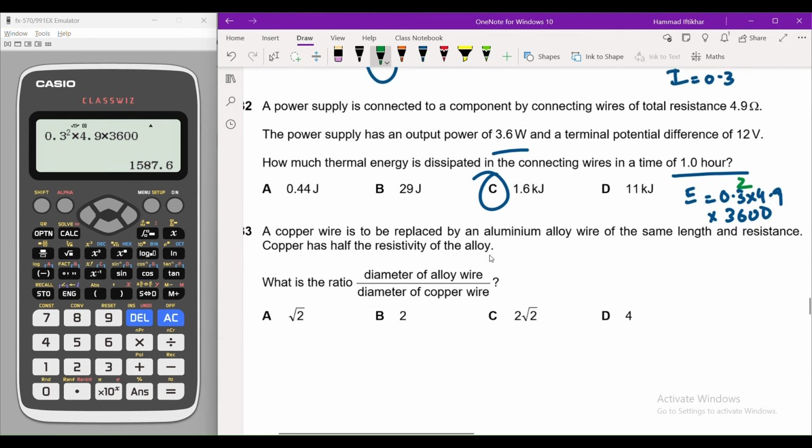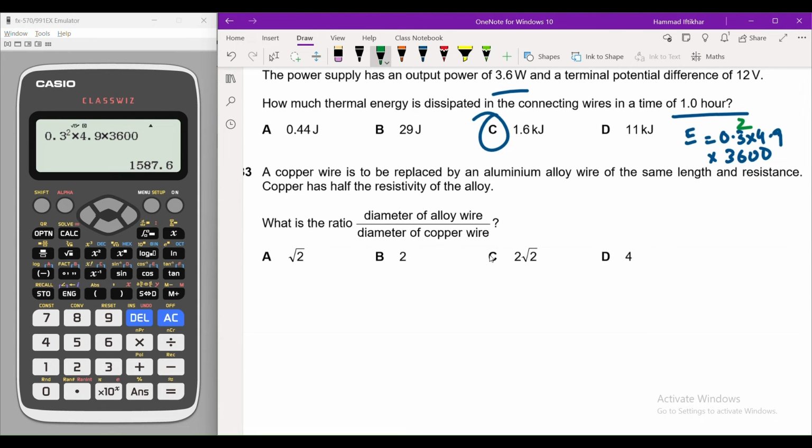Okay, a copper wire is to be replaced by an aluminum alloy wire of the same length and resistance. Copper has half the resistivity of the alloy. What is the ratio of the diameter of the alloy wire to the diameter of the copper wire? So copper resistivity is 1/2 of that of the alloy, right? Resistance is the same, R equals rho L over A, and A is pi d squared over 4.